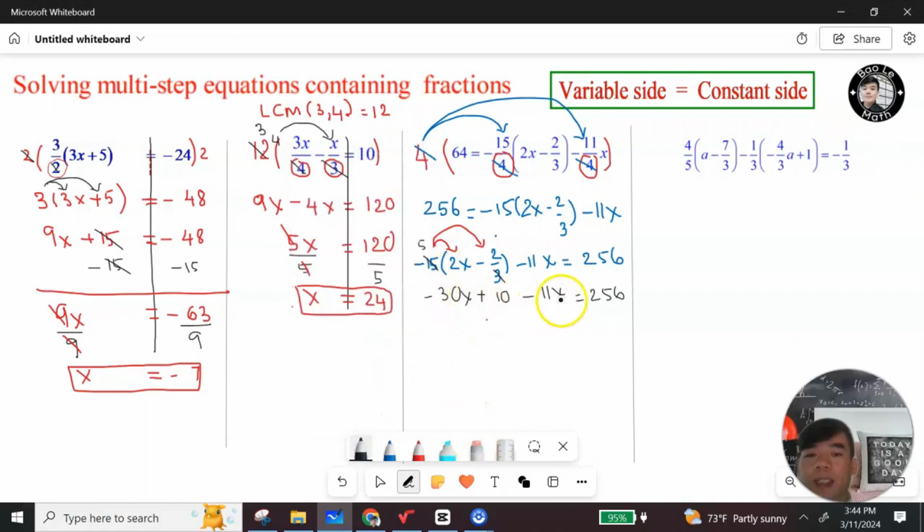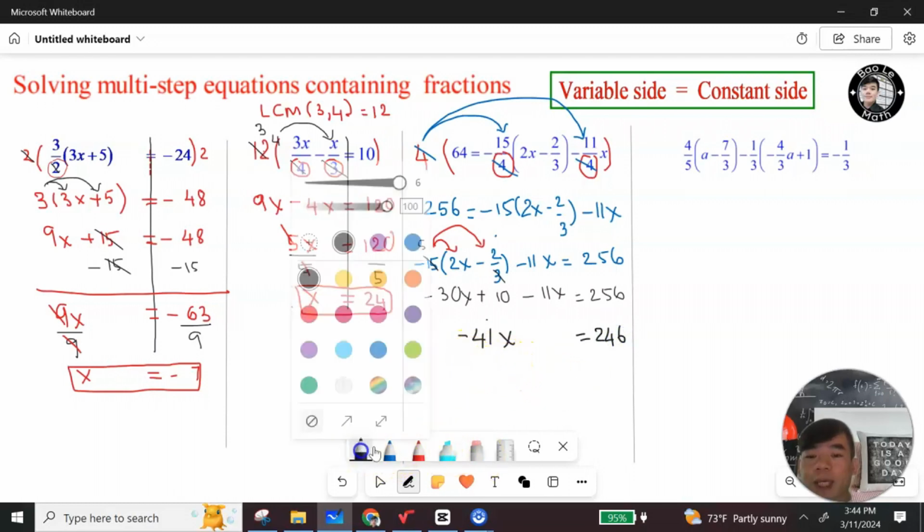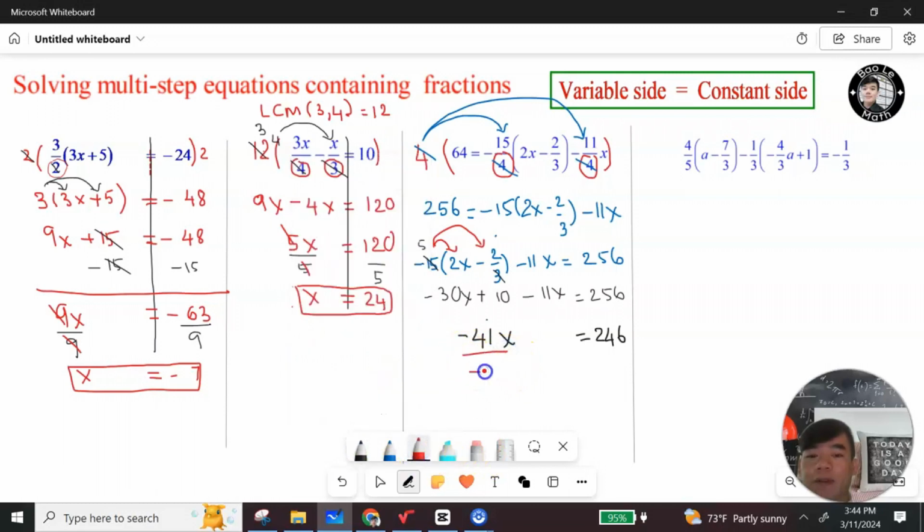Negative 30s minus 11s is negative 41s equals 56. You subtract 10 from both sides, so it is 246. Then you divide both sides by negative 41. So this cancels out, and s equals 6. Oh, s equals negative 6, sorry.